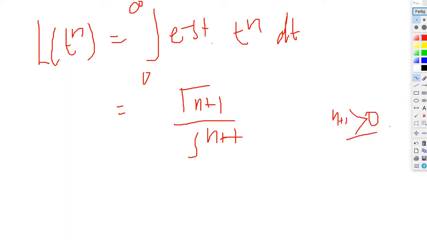The gamma function can be changed into n factorial divided by s to the power n plus 1.